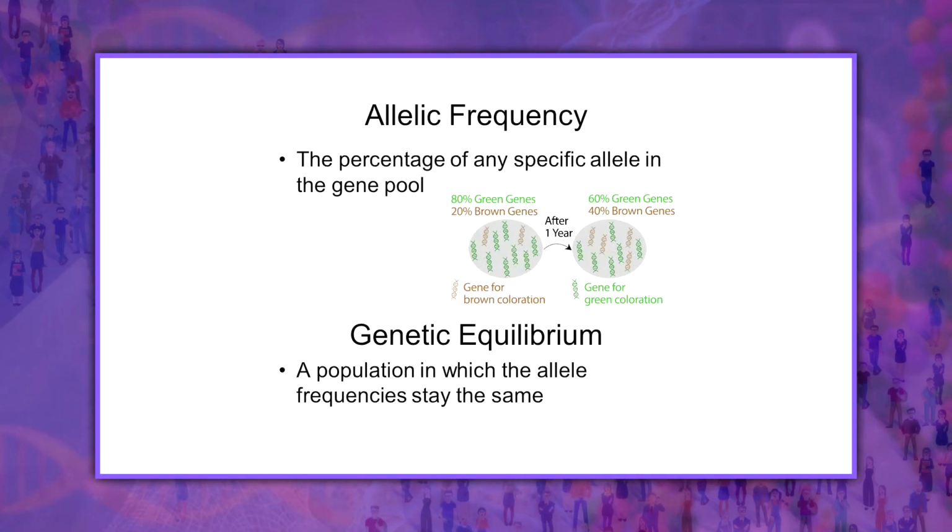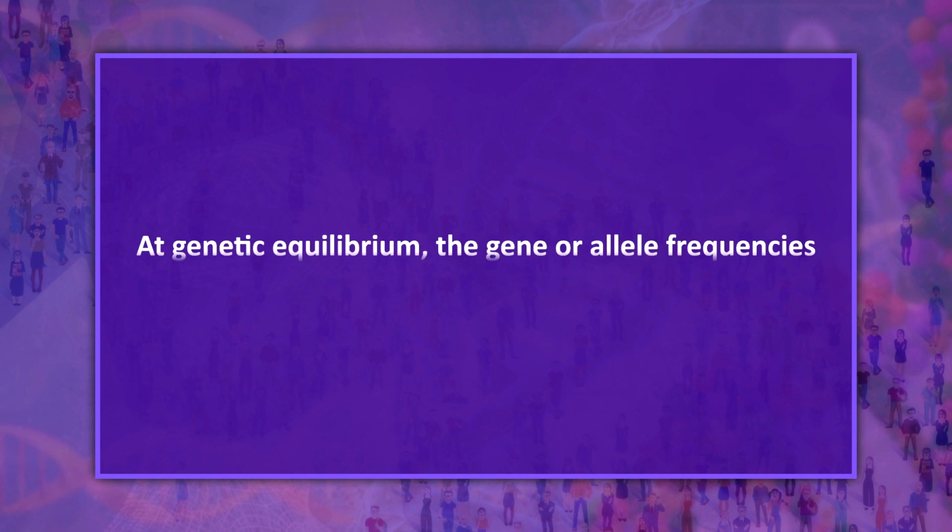Genetic equilibrium occurs when there is no evolution within the population. In other words, the frequency of alleles, that is variants or alternative forms of a gene, will be the same from one generation to the next. At genetic equilibrium, the allele frequencies are stable, they do not change.